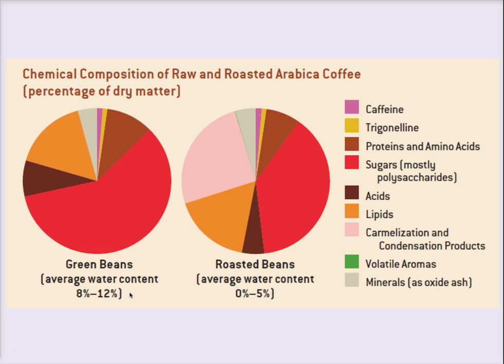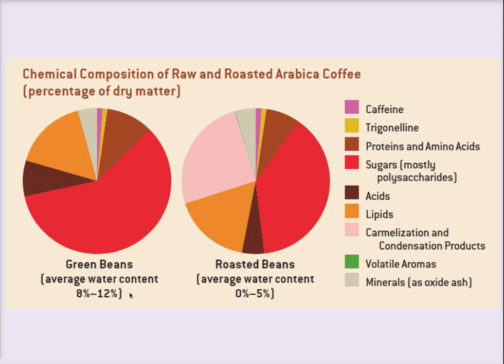Also, if we look at the chemical composition of a raw versus a roasted Arabica, look at what happens. Not only is the water content really dropped, but right now we're looking at the roasting, that chemical reaction, the catalytic process that happens in a bean that has the right shell hull thickness.